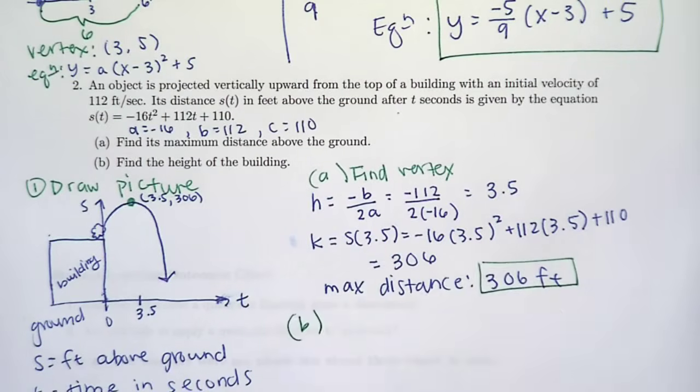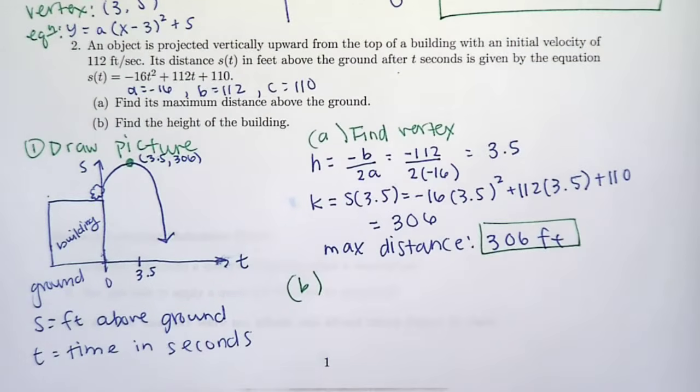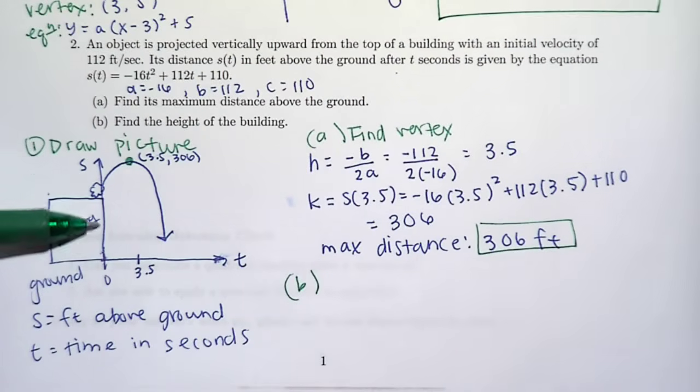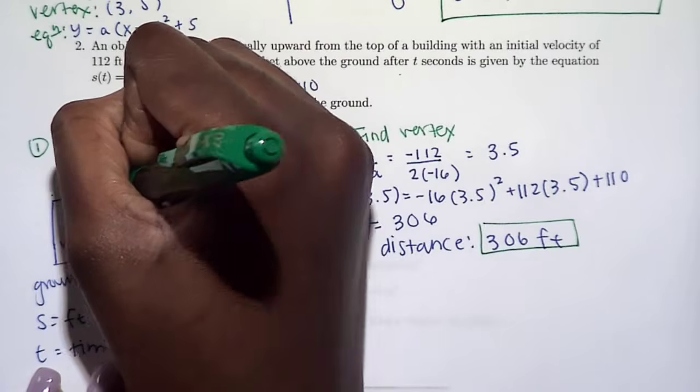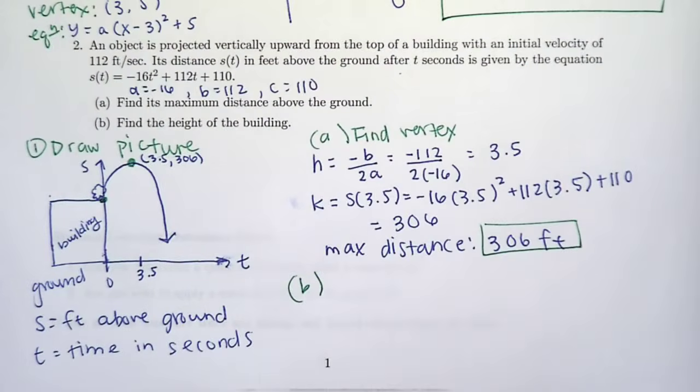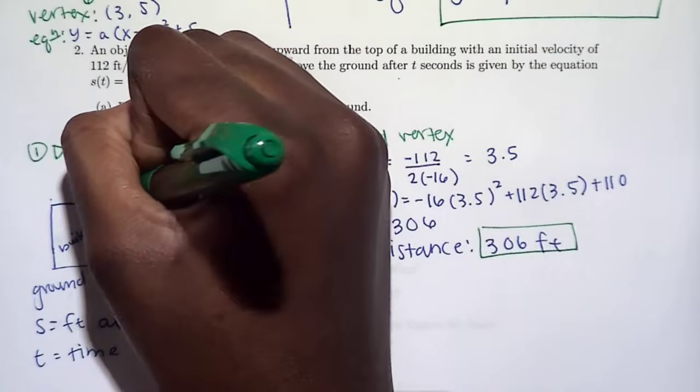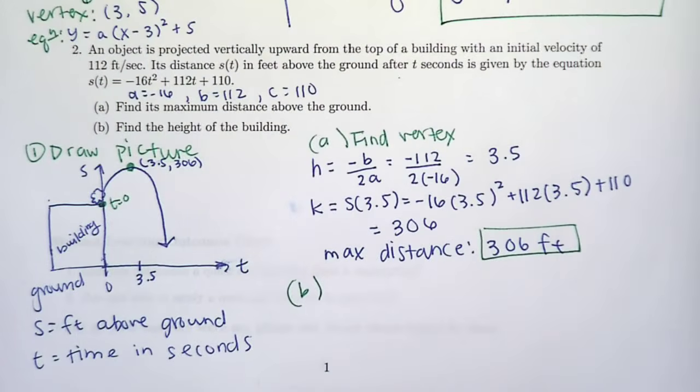Okay. Part B says find the height of the building. All right, so height of the building. So we're still on this y or this x axis here, and we want to figure out what is the height. What is the y value right here? Well, do we know the x value or the time here? T equals 0. Hopefully we should be able to use that to find the height.